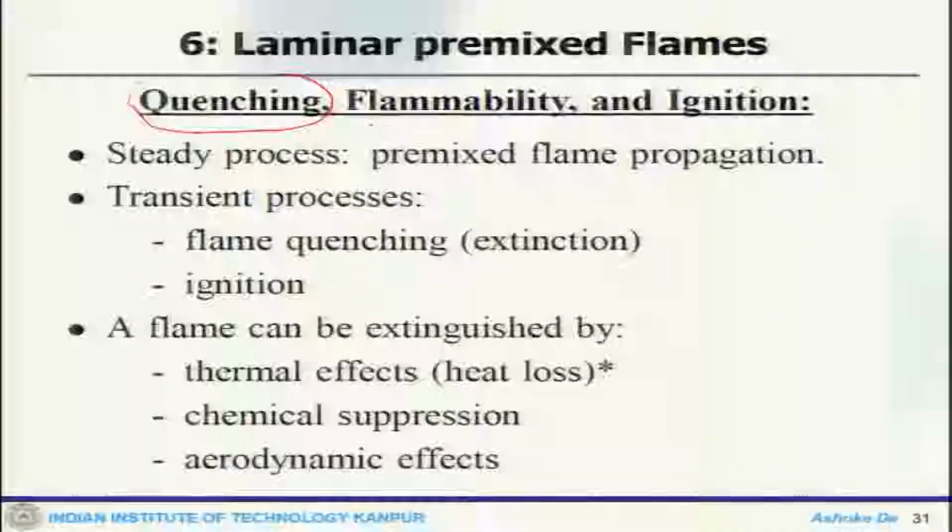Then flammability limit is another important aspect. That means it is not the case that I can have any mixture and the mixture will burn automatically. That would not happen. And then the ignition, which is another area that poses quite a bit of challenge, how to ignite the premix flame mixture, because they are quite sensitive to ignition and can lead to explosion because of some uncertainties.